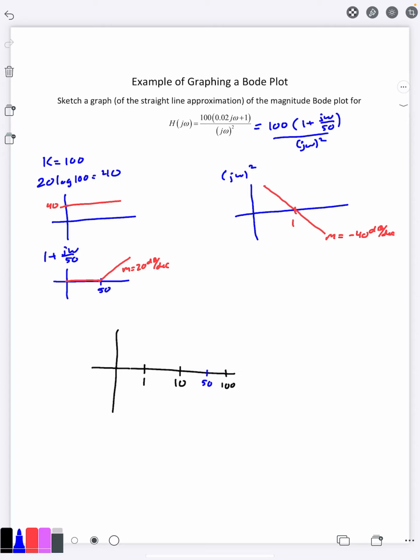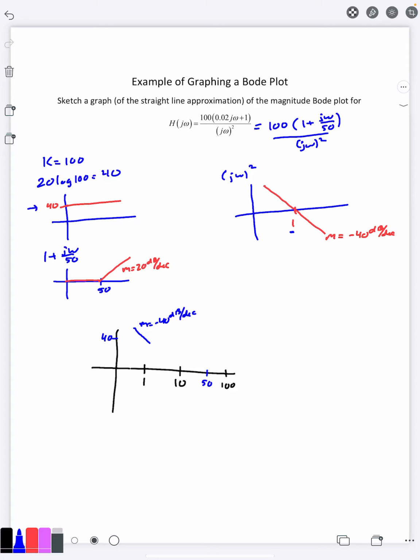So at this point in time, we know that it's a negative slope starting out, because the other two are flat. And we know normally it would go through the x-intercept at 1. However, this one here is going to shift it up 40, so at 1, instead of being at 0, it's going to be at 40, going down here. And the slope is at negative 40 decibels per decade.